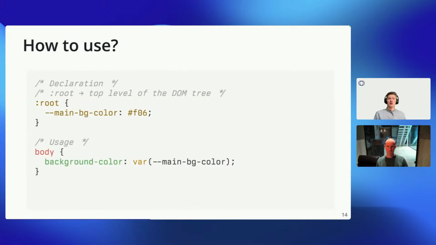So, okay, how can we use them? First here you can see a special rule, and this means this is the root element. This is the most parent element you can have in a website. It's always there. And it makes sense to define your variables at this level because inheritance applies. So this variable is only available on the element or the children of where you define it.